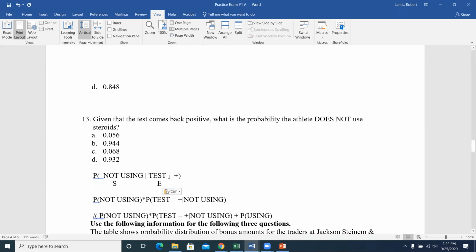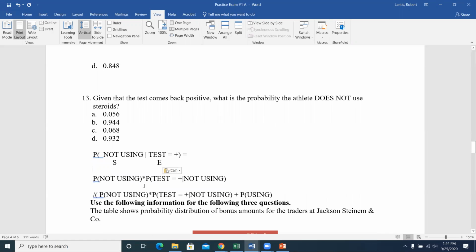So here's my S, here's my E, here's my numerator. Imagine this is a straight line for a second. I'm dividing by the denominator. So S complement is that they're using, times the probability of E, that the test comes back positive, given S complement. My S is that they're not using, and S complement would be that they're using.